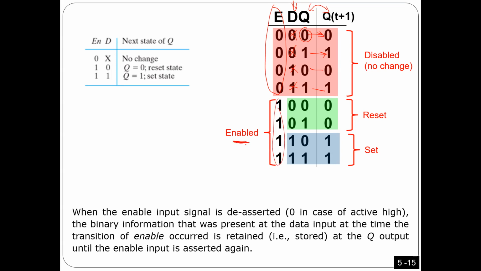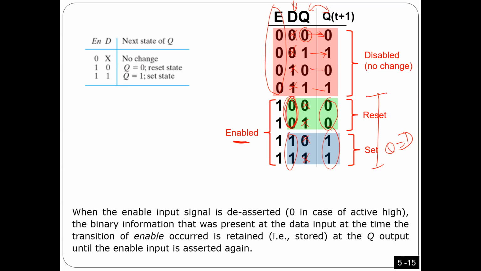When it is enabled, now, very simple, Q is equal to D. That means if D is 0, as you see here, regardless of what Q is, I'm going to have 0. You are going to make a reset. Same thing, if D is 1, regardless of what you have here, Q is 1. Q is equal to D. Very simple. Any questions?